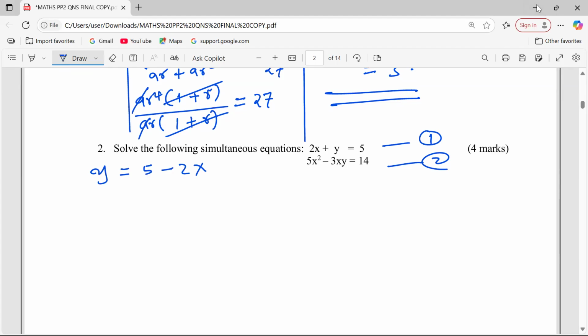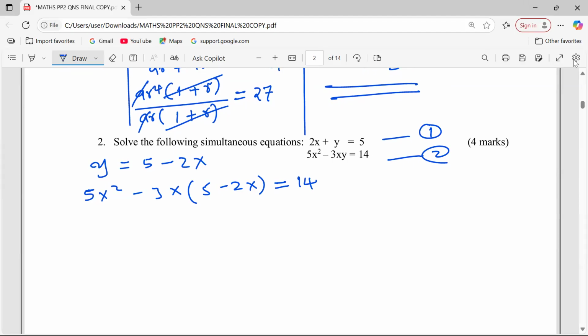Now, it means equation 2 can be rewritten as 5x squared minus 3x, then instead of y, 5 minus 2x, this is equal to 14. So I've expressed equation 1 and rewritten equation 2.